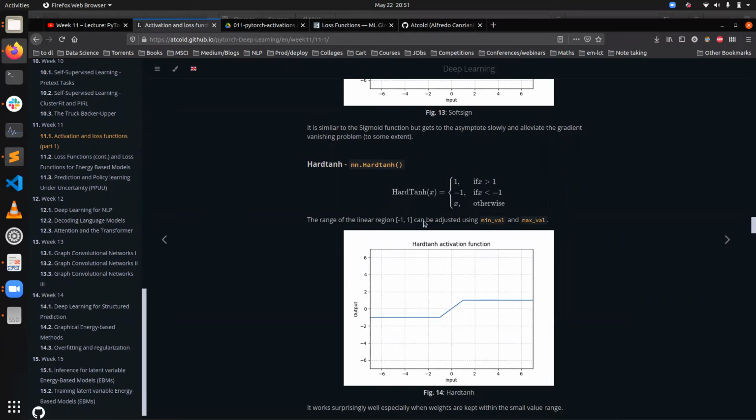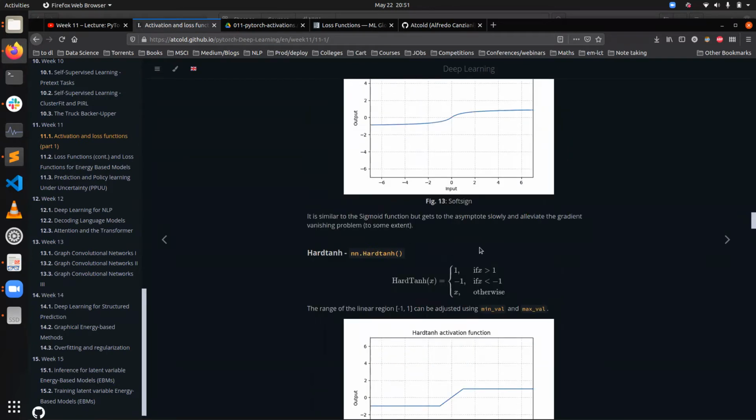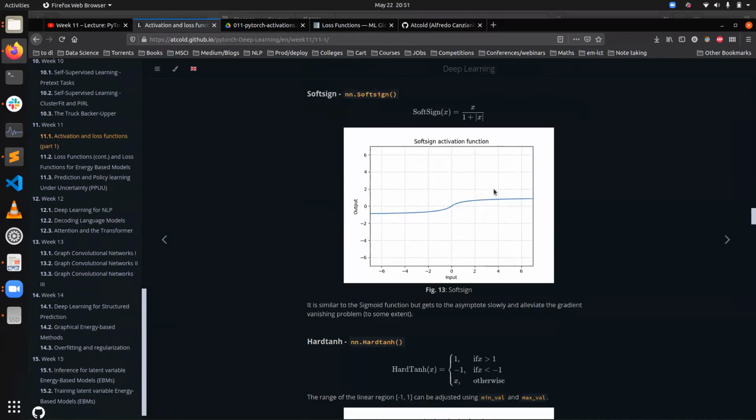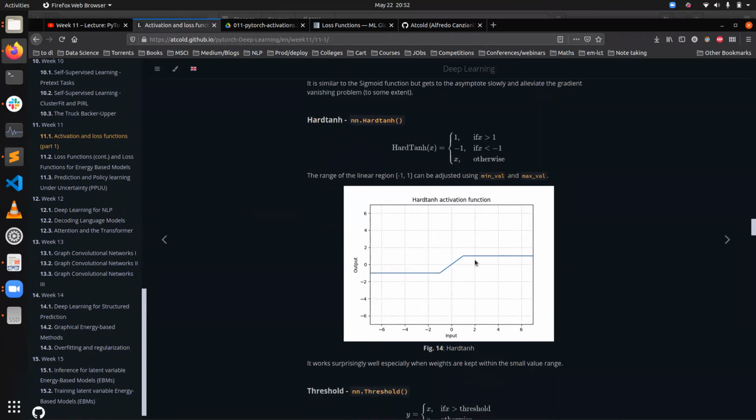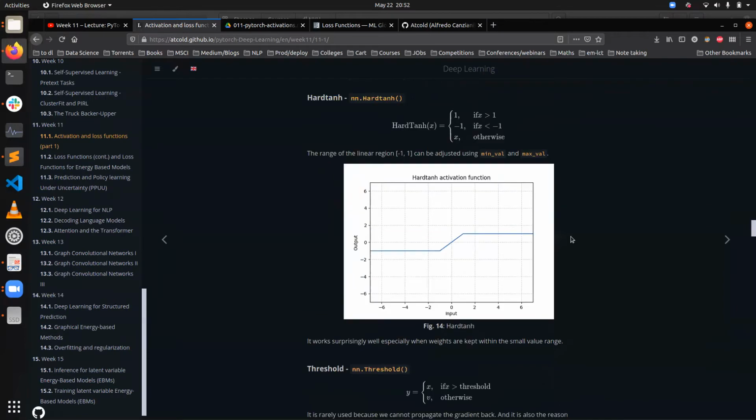Hard tan H looks like tan H, but it's hard, as it says in the title. It's -1 if it's less than -1, 1 if greater than 1, and just X otherwise. Again, this would work well if the weights are in the small range. Otherwise, I guess it's a vanishing gradient problem. But I don't know why you would use this anyway.